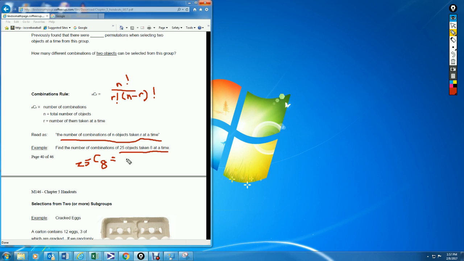And you should find that it is 1,081,575. All right. So again, it is critical that you can do this on your calculator. So please get your calculator out. Google the manual if you need to. Figure out how to do these calculations on your calculator.